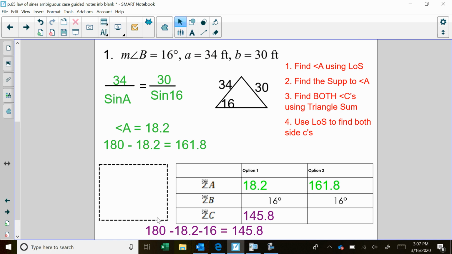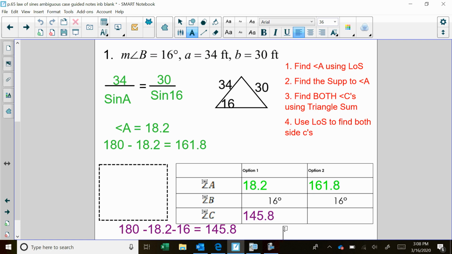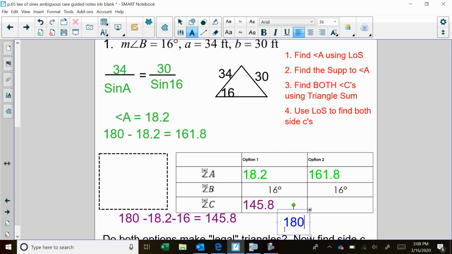I'm going to slide this over a little bit. We definitely know we have one triangle because we have 3 angle measures. We'll do that one more time, and we're about to find out if we have a second version of a triangle. I'll do that right here in a different color. 180 minus 161.8 minus the 16.